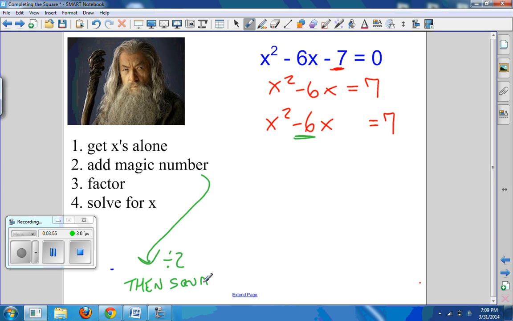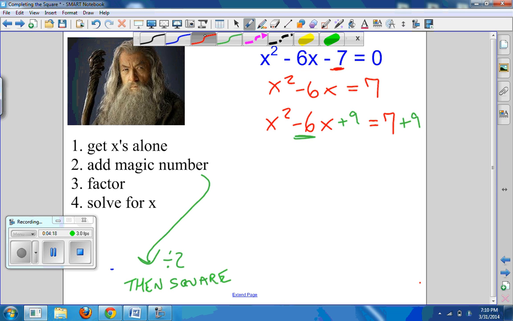So we're going to divide it by 2 and then square. If I take negative 6 and divide it by 2, I get negative 3. And then if I square negative 3, I get positive 9. So plus 9, plus 9. That's my magic number. Thanks, Gandalf. That we're going to add to both sides.